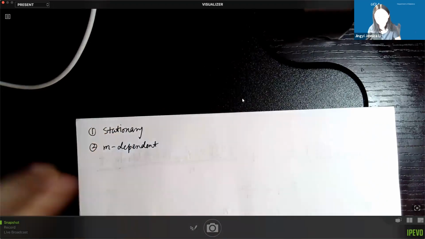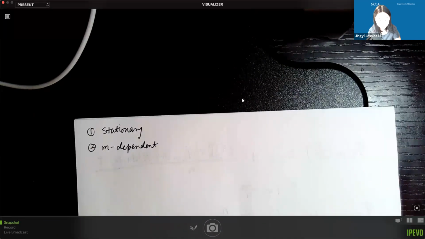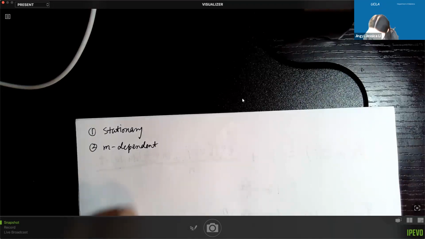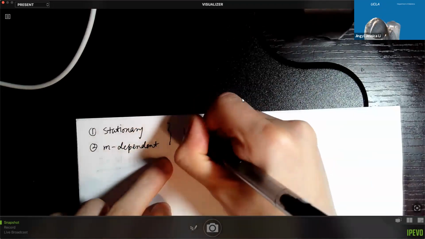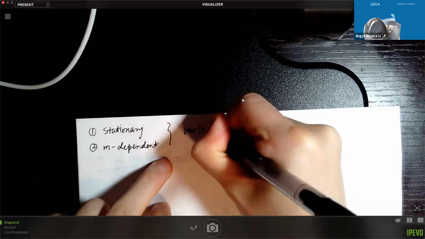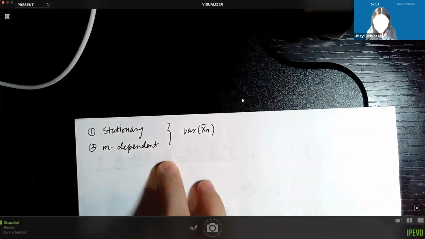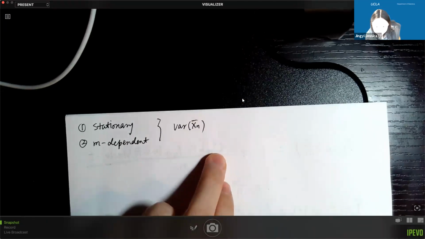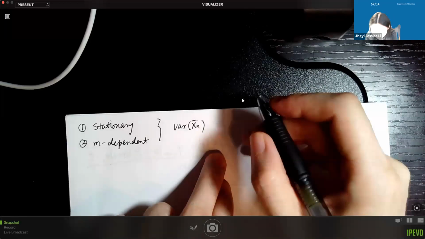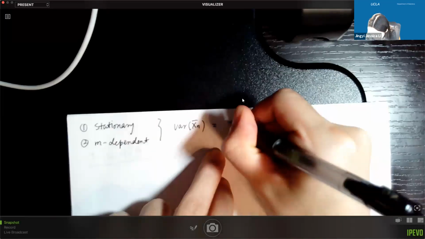So with those two important assumptions, what we can derive is that for the variance of the sample mean, we have this important formula. The variance of X n bar, which we derived last time, can be written as sigma squared over n.